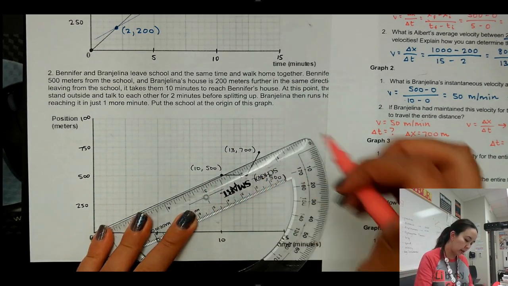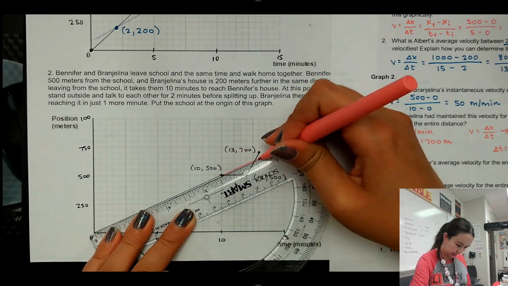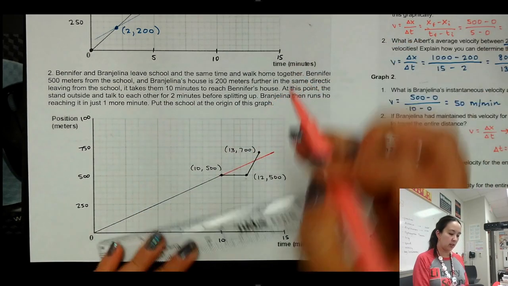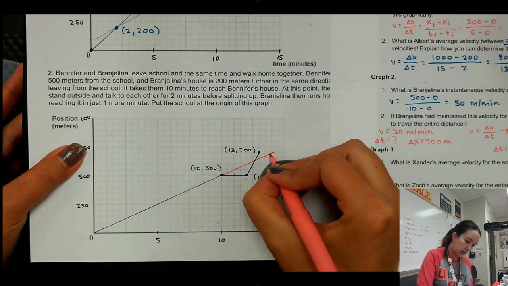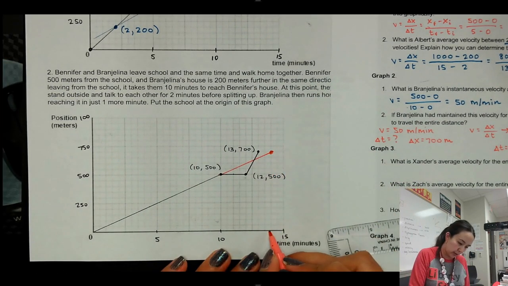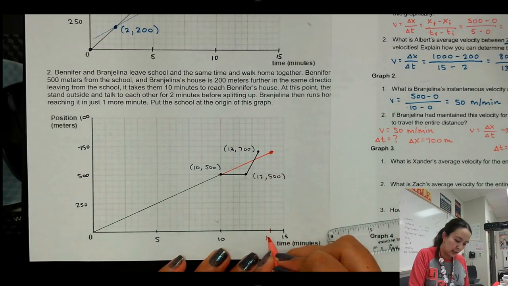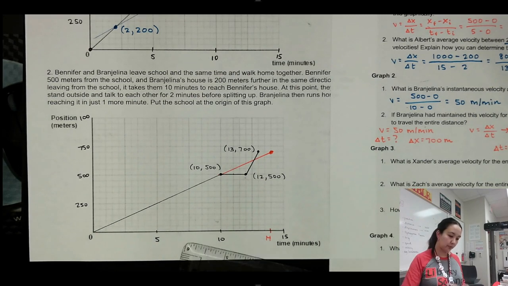So if I were to continue this line until we get to the vertical axis value of 700, that's going to be right here, and looking carefully at what we got here, confirmed. That is going to be 14 minutes of travel in order to get to 700 meters away from school, aka Brangelina's house.